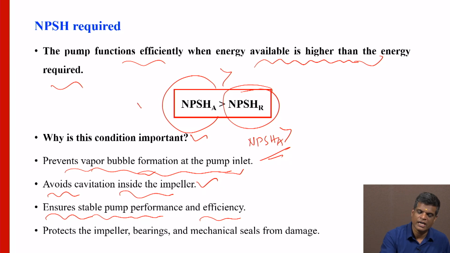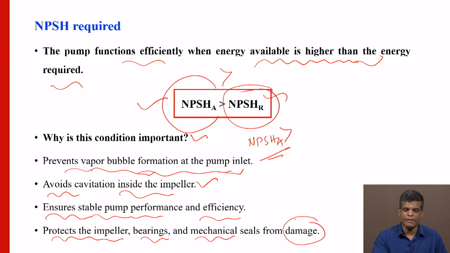The net positive suction head available should be higher than the net positive suction head required, and it always protects the impellers, bearings, and mechanical seals from damage. Once again, it is important because it prevents bubble formation, avoids cavitation, ensures stable performance and efficiency, and protects the impeller and the other mechanical seals from damage.